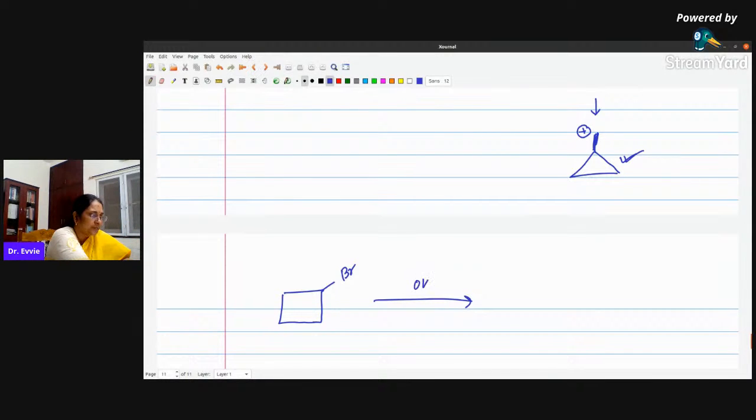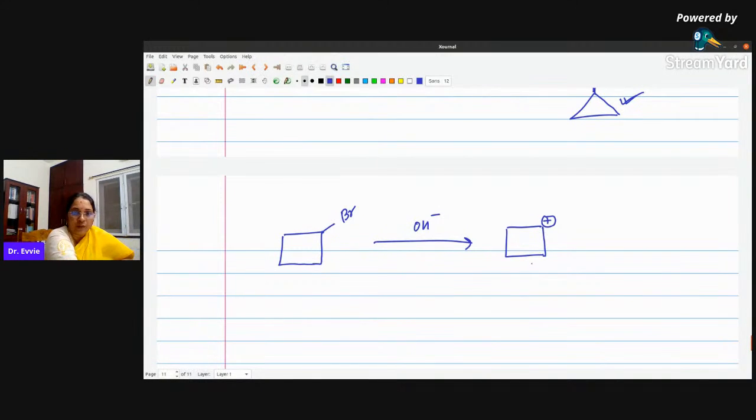I have to substitute OH minus instead of that Br minus. So what will happen? First step, the Br minus will go away and you will have a positive charge here. Now what will happen? Positive charge on the ring, so it will undergo ring contraction, and I told you the most stable species plus charge.